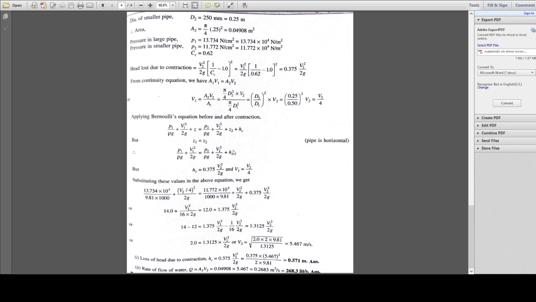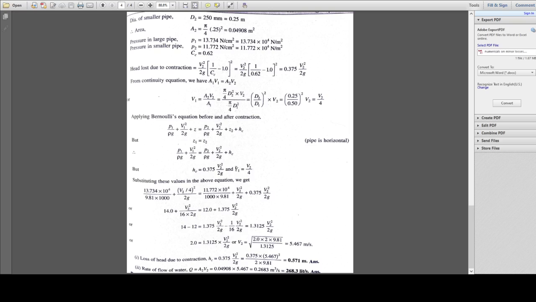In the previous part, we have found an expression giving head loss due to contraction. Substitute this value of head loss due to contraction in this equation. And also we have calculated from the continuity equation the expression of V1 in terms of V2.